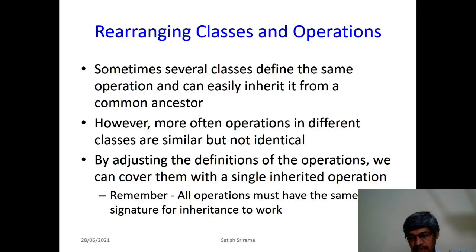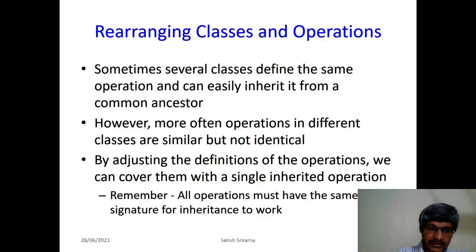However, if the operations are pretty straightforward, you can do that very easily. You can identify that. But more often, these operations are similar, but they are not exactly identical. Then we have to adjust the definitions of these operations so that we can cover them with a single inherited operation.